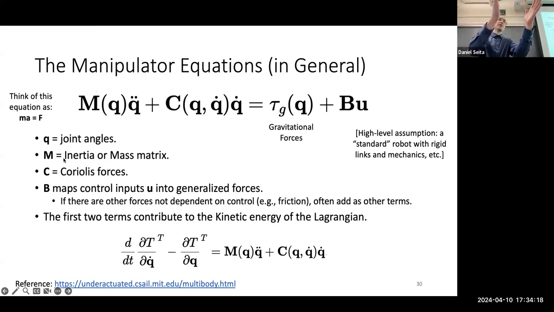So you have the mass matrix and then the Coriolis forces equal to the gravitational forces plus the B U, where U is like your control, and then B is a matrix that maps into your generalized coordinates. If your controls are the same as your generalized coordinates, which makes more sense if you're talking about a simple robot, then B is the identity matrix.